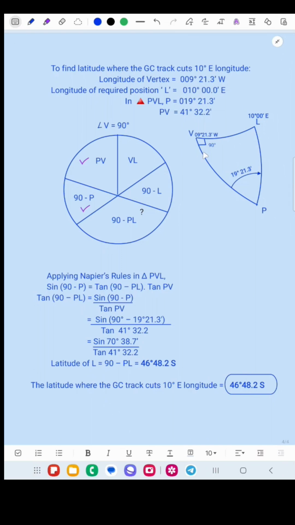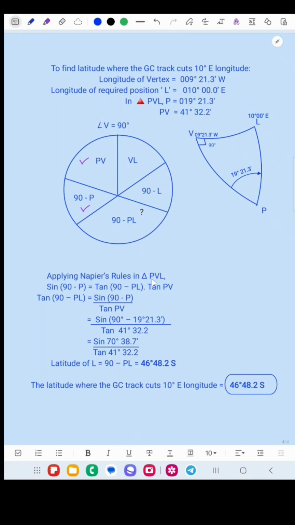We'll apply Napier's rule here because at the vertex 90 degrees forms. So PV we write here, then VL here, adjacent to the 90 degrees, then 90 minus L, 90 minus PL, then 90 minus P.